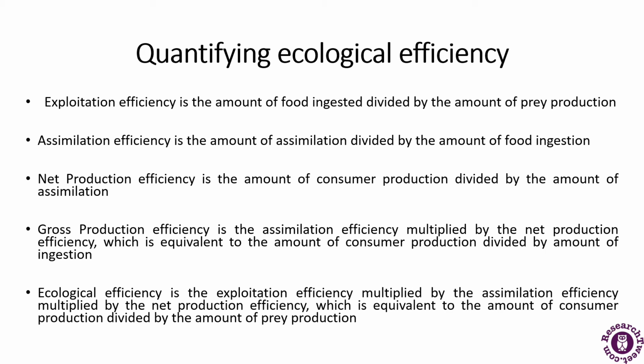Such a measurement is rarely better than an educated estimate, particularly in ecosystems that are largely inaccessible to ecologists and tools of measurement. So the ecological efficiency of an ecosystem is as a result often no better than an approximation. So this was about quantifying the ecological efficiency through some formulas.